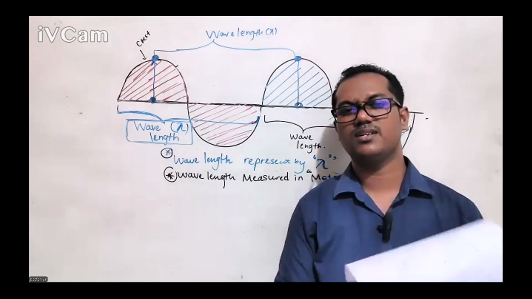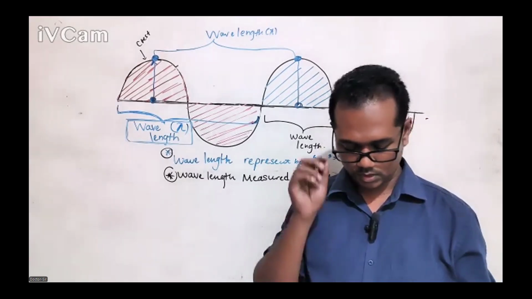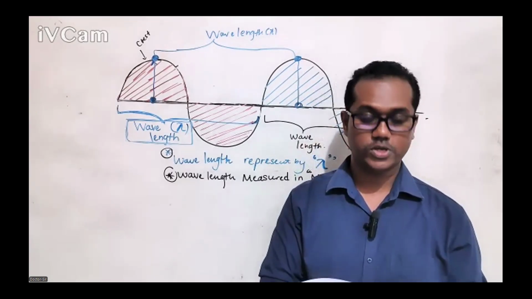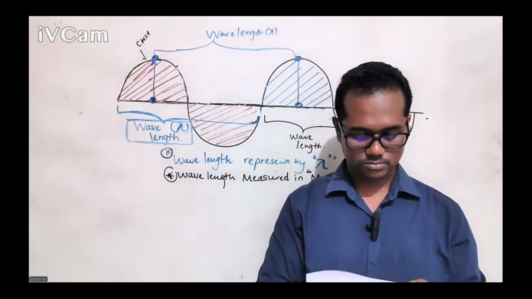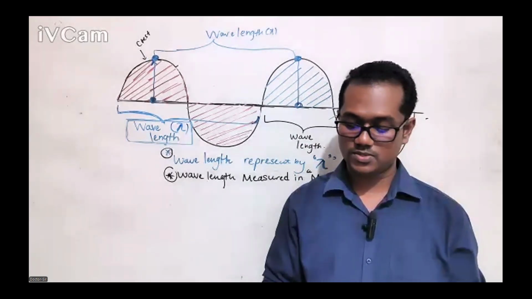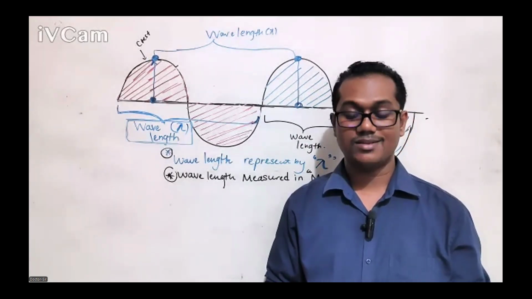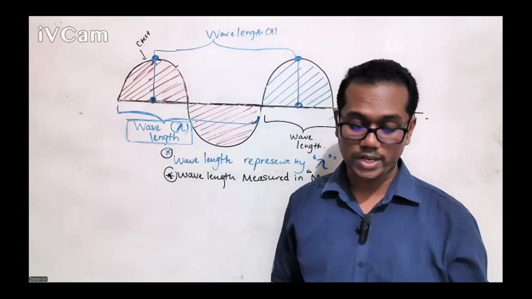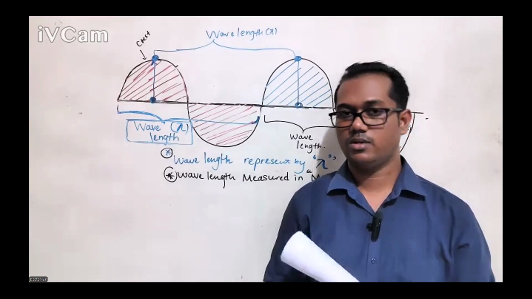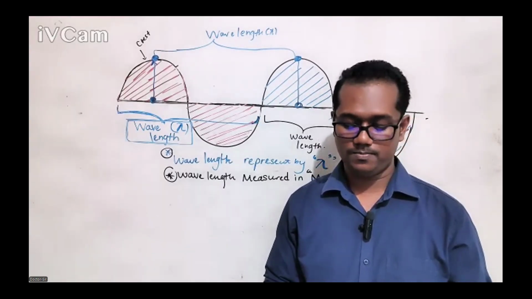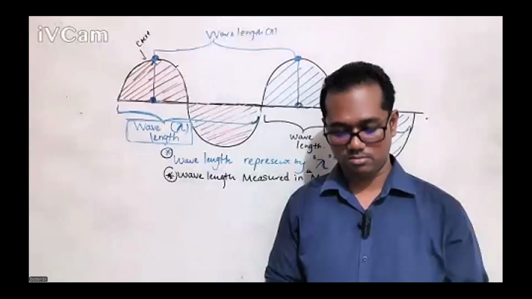Go to page number 13. You have question number 5. The situation of a transverse wave traveling on the surface of water at a certain moment. This question was asked in the 2021 O-level, right? So we will go for that.